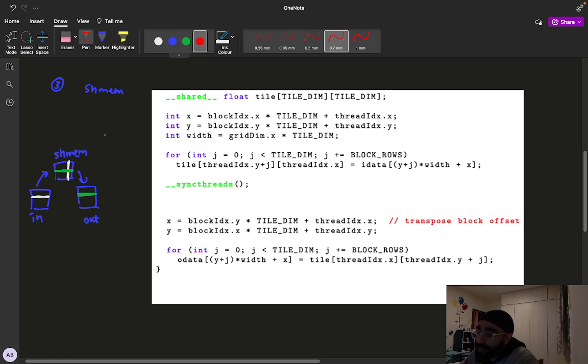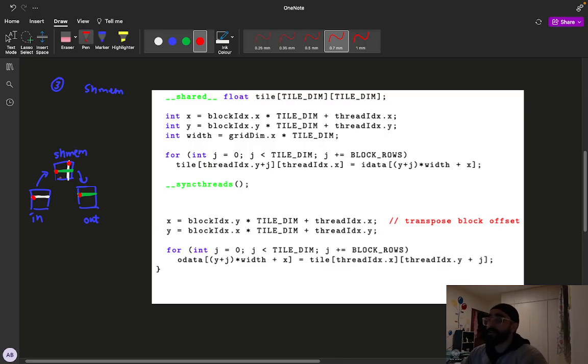Let's take an example of a thread and see where it goes. This thread goes here in the shared memory: it loads this data element from the global memory into this location in the shared memory, and this thread loads this data element from the shared memory and stores it into this location in the global memory.